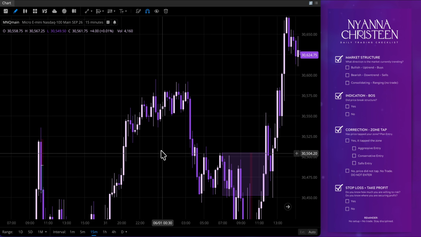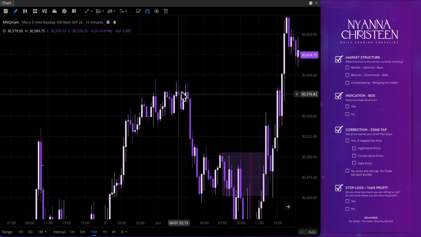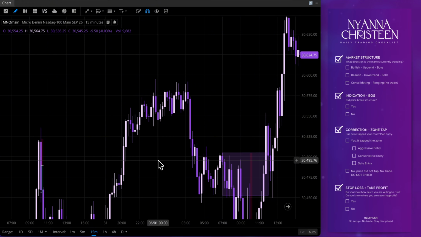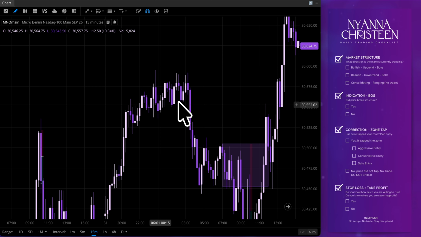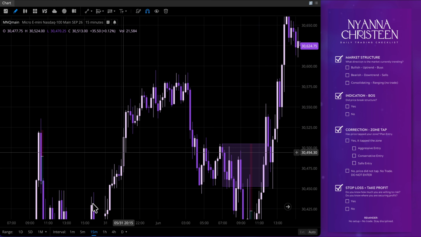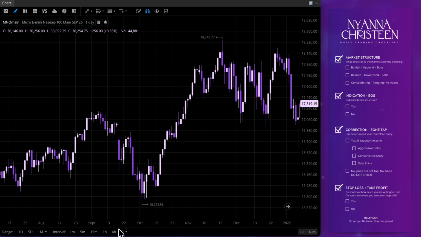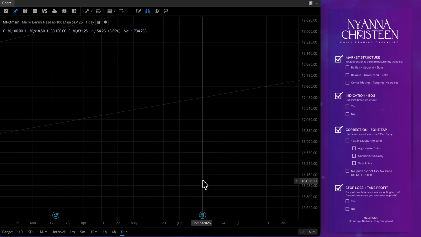This is an example of a sideways market because price isn't moving in a particular direction. It moved up, it went sideways, it moved down. This is an example of a ranging or a consolidating market. So those are the different examples on an actual chart.